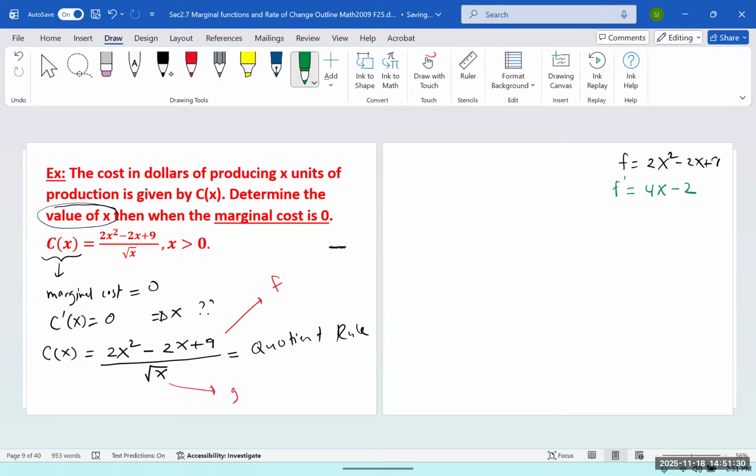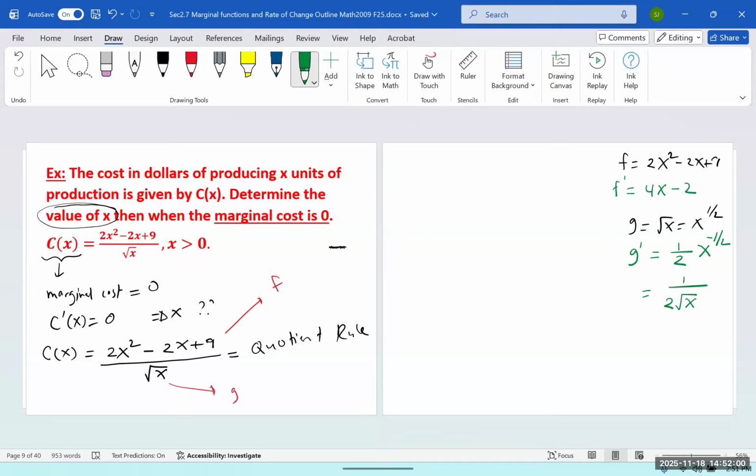And if the bottom function is the square root of x, which is x to the 1/2 power, what's the derivative of the bottom function? One half x to the negative 1/2, which gives us 1 over 2 square root of x.